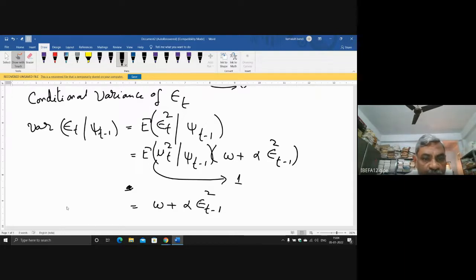This is nothing but your sigma t square, that is the conditional variance of epsilon t. Also yt is simply this, right? So the conditional mean therefore of yt, okay?